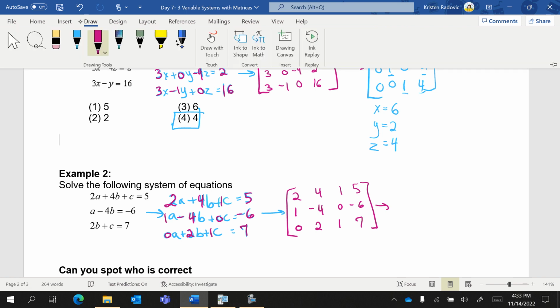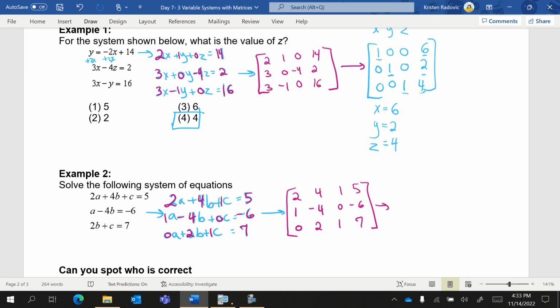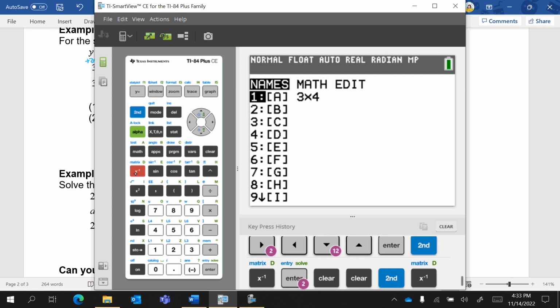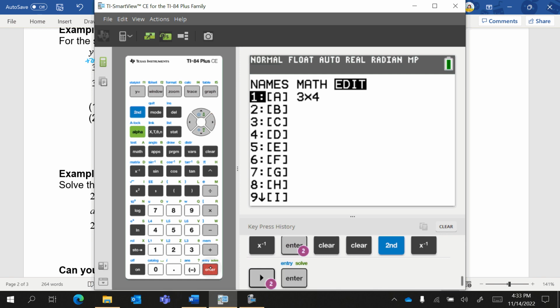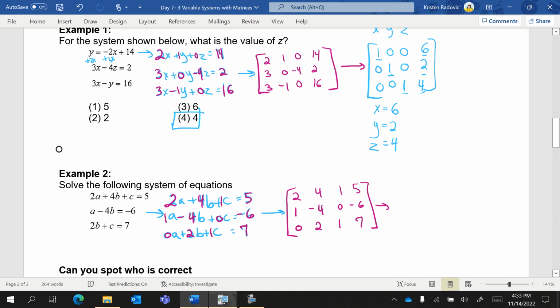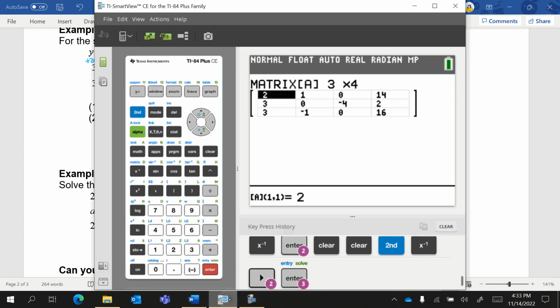We're going to put it in our calculator to solve. So we are going to hit second matrix, work our way from right to left, edit matrix A. It's always going to be a 3 by 4 for us. We have 2, 4, 1, 5.